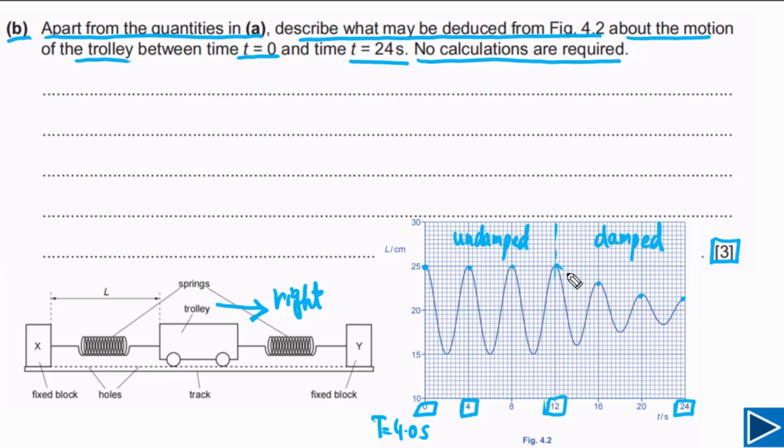If you look at how the amplitude is decreasing, it is decreasing gradually, meaning exponentially. This kind of damping is light damping. So we can say this is light damping. This can be our third point, and this one can be the fourth point. We can also talk about maximum speed.